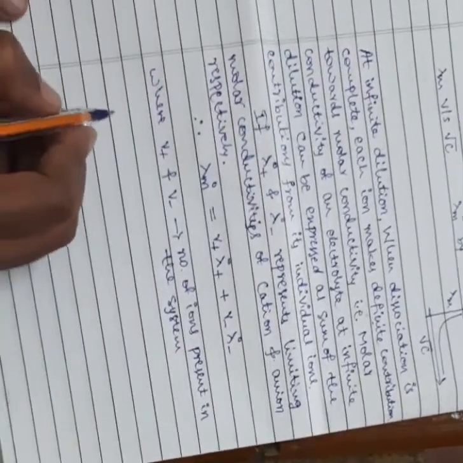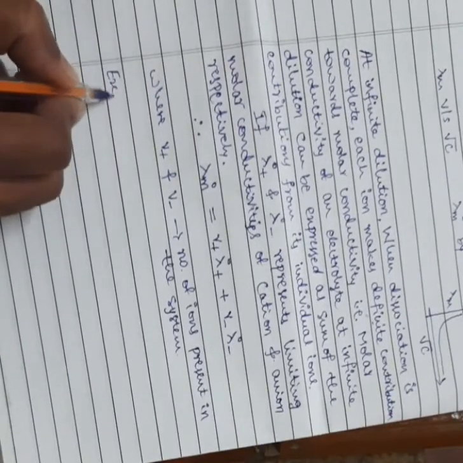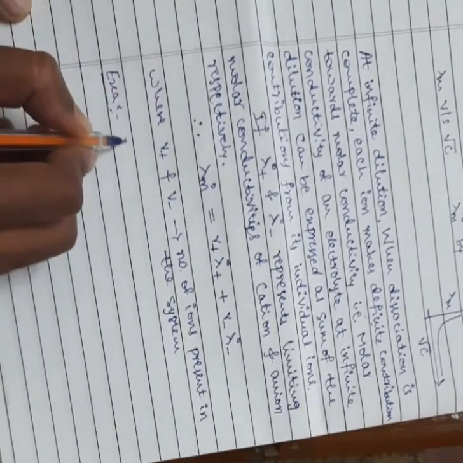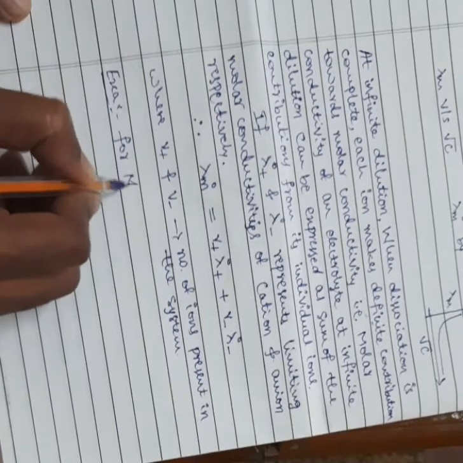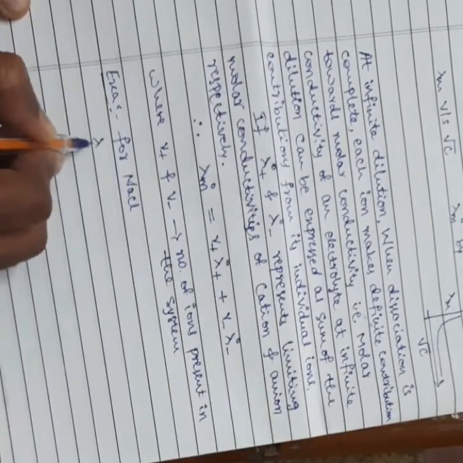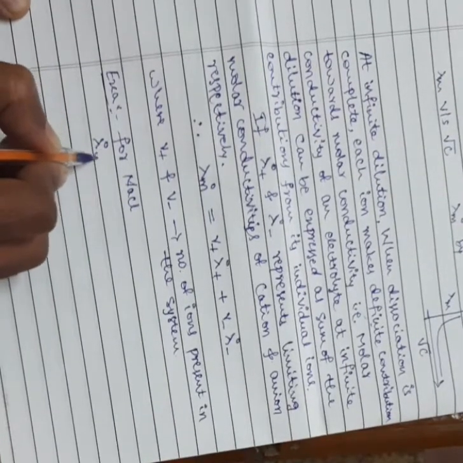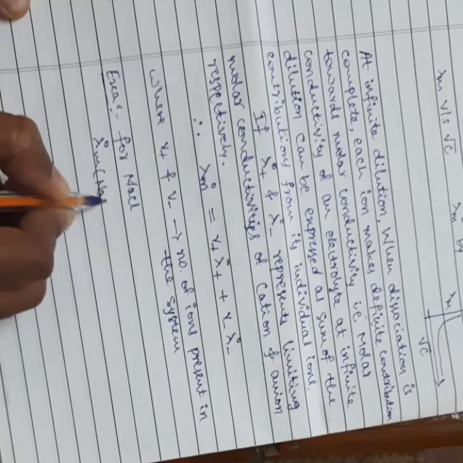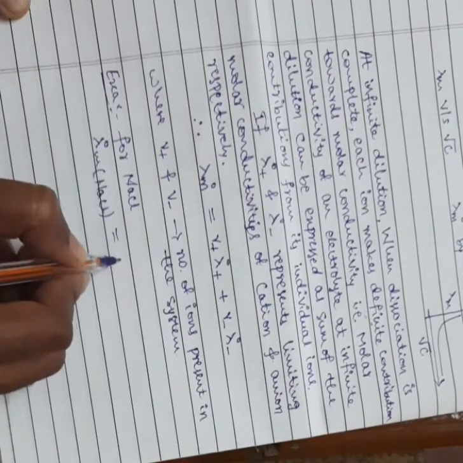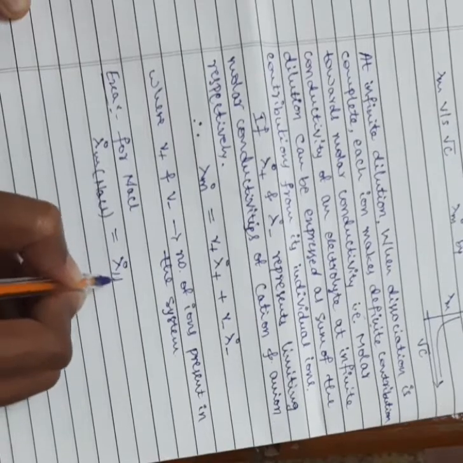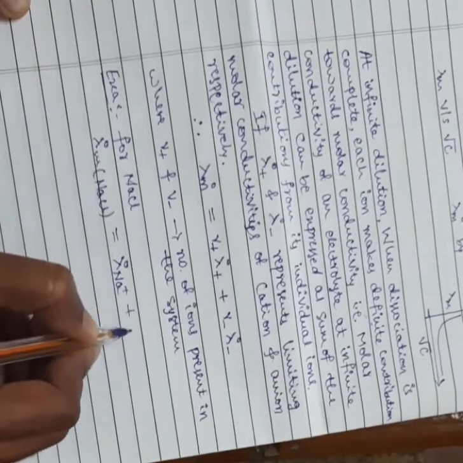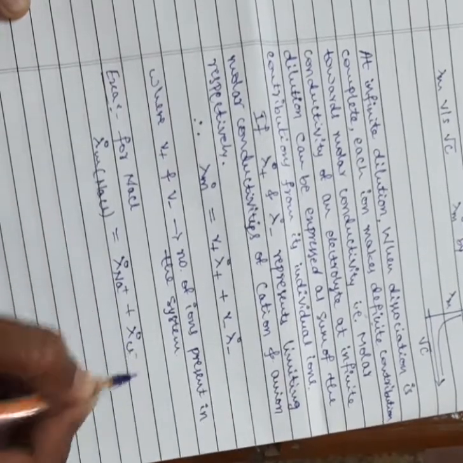For example, for NaCl, lambda m naught for NaCl is lambda naught of Na plus plus lambda naught of Cl minus.